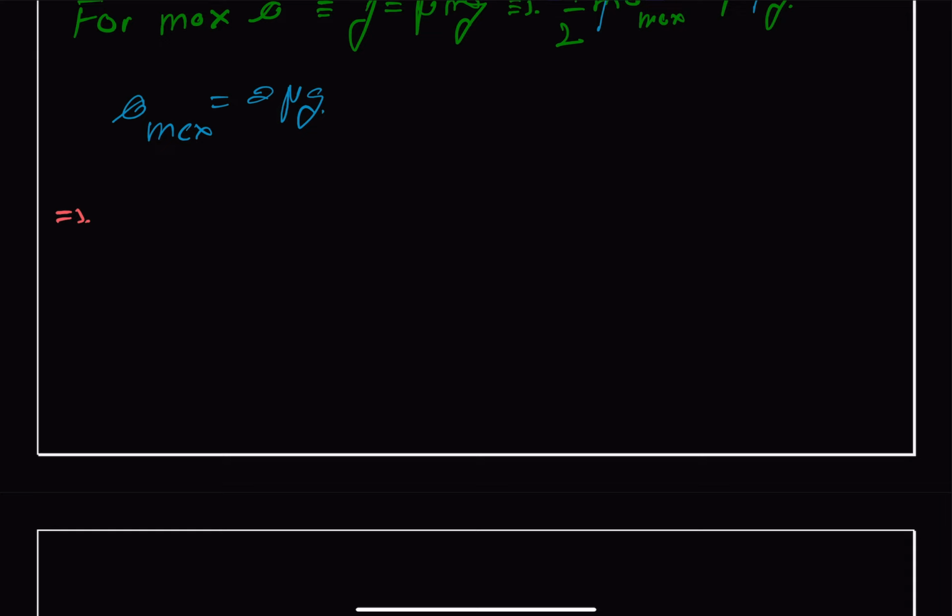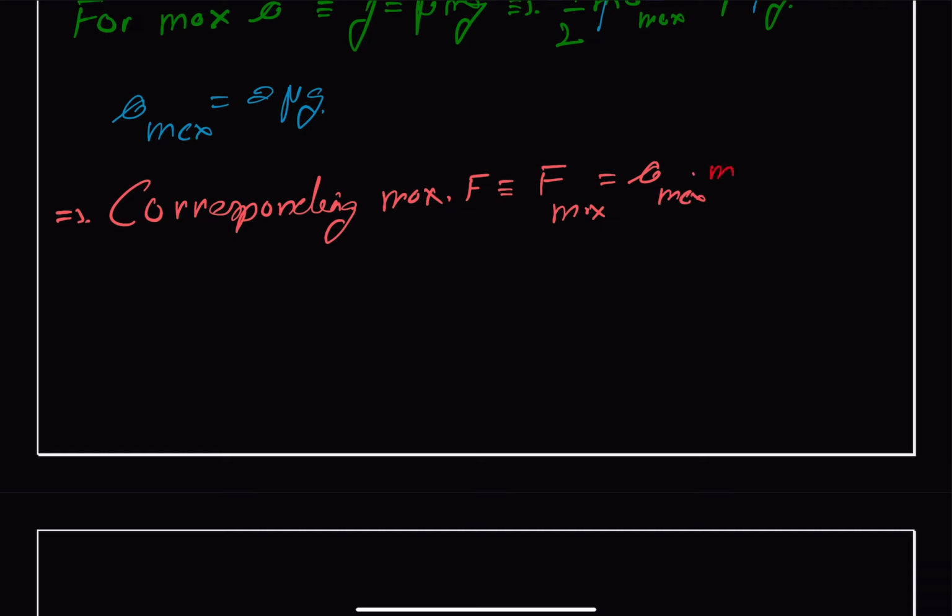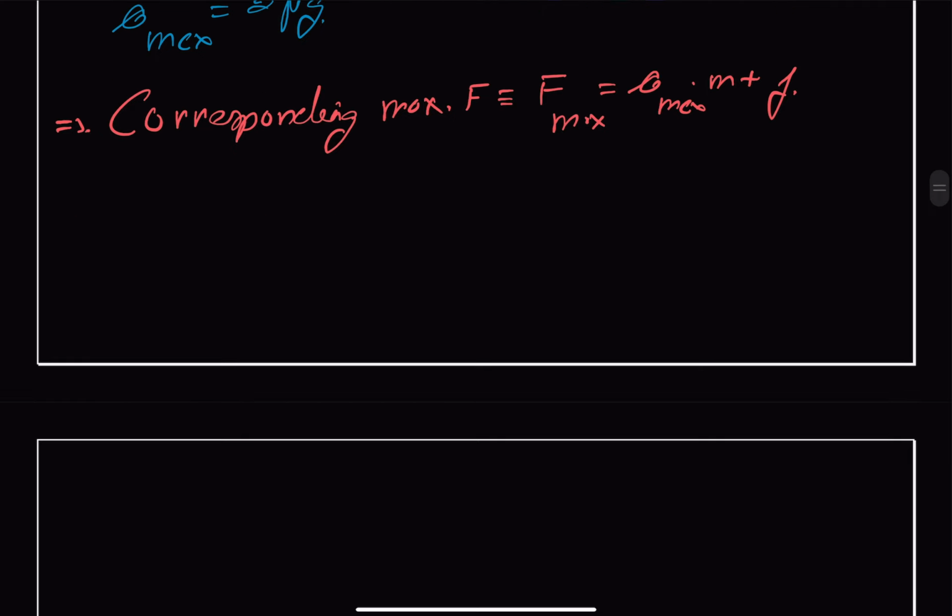So we can say that the corresponding maximum force, which is our F max, will be equal to A max multiplied by m plus F. So we substitute the value, we get our force maximum, which will be equal to m times 2 mu g plus mu mg. This gives us 3 mu mg.